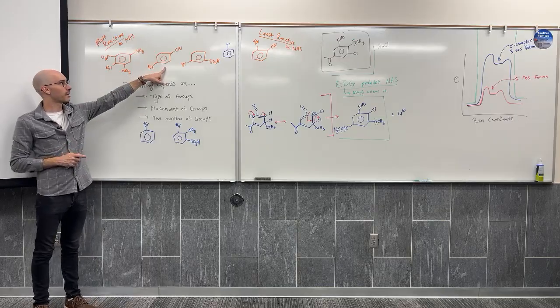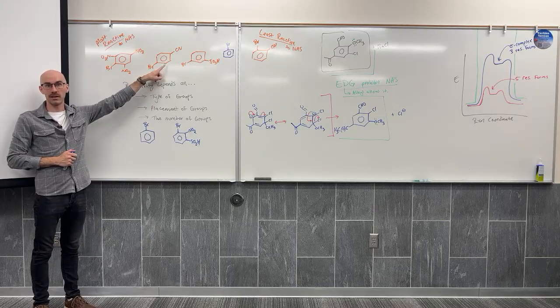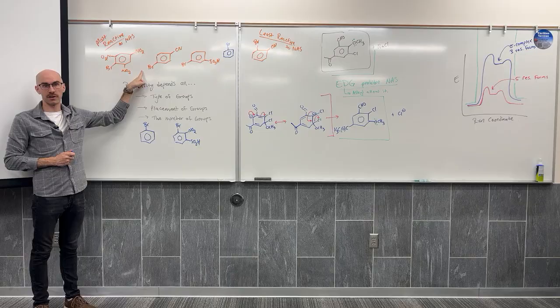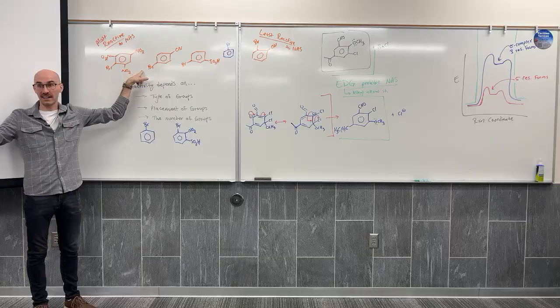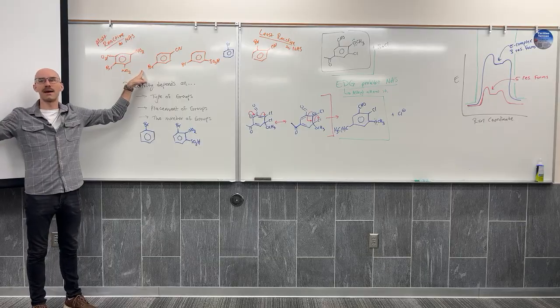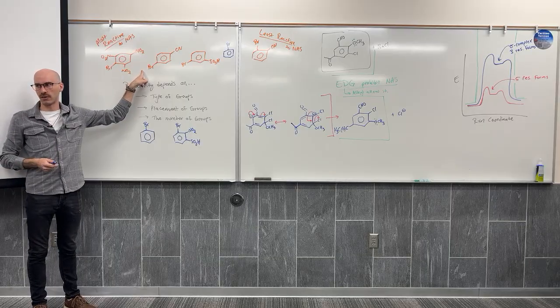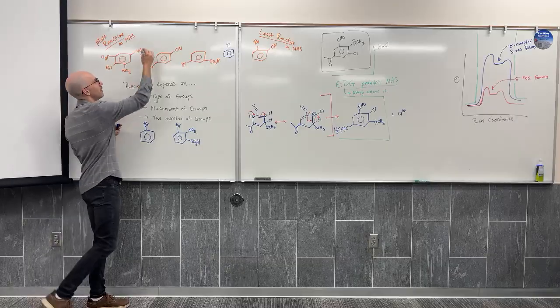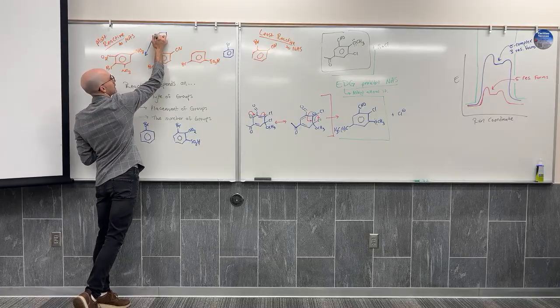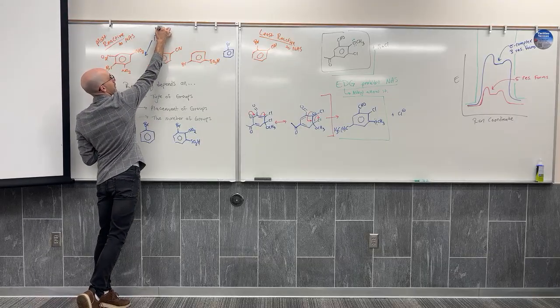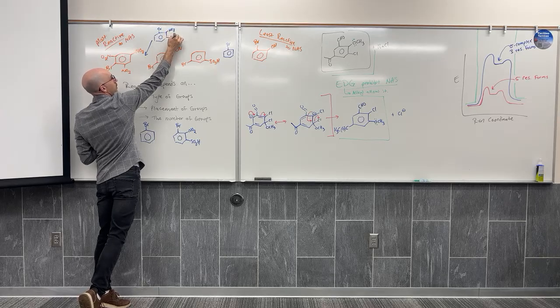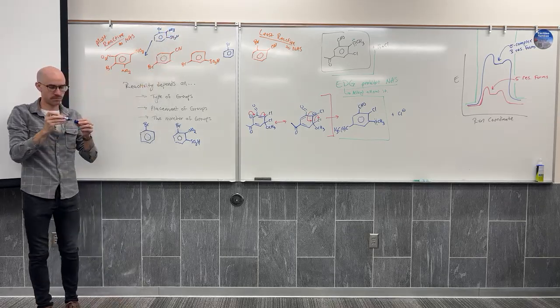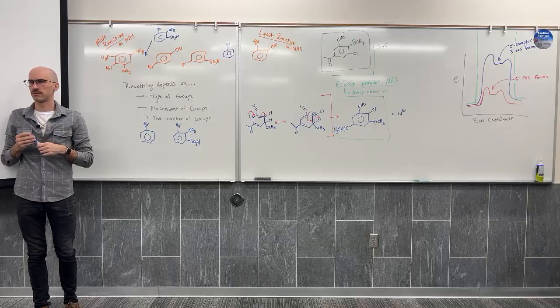So it has more than one electron withdrawing group, but one of them isn't the most effective in the resonance. That doesn't ruin the effect of the electron withdrawing group, it just doesn't maximize the effect. So our second most reactive is the one with the second most electron withdrawing groups, even though not all of them are involved in resonance. Great.